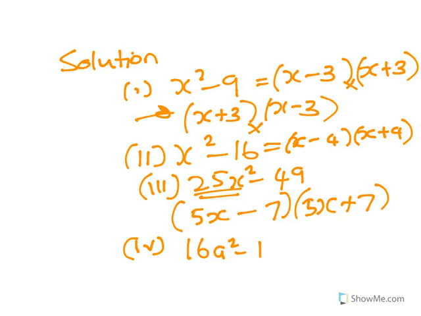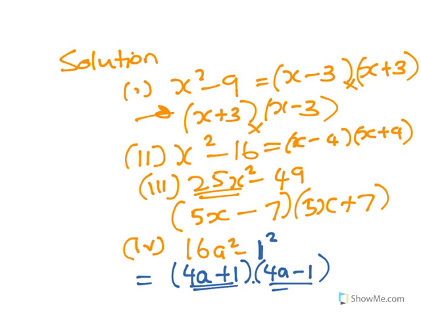Now, I deliberately put the 1 there because I want you to realise that 1 is actually a square number. So this is going to be square root of 16, which is 4. So it's 4a minus, I might do it that way around, just so that you see they are the same thing, 4a plus 1, 4a minus 1.